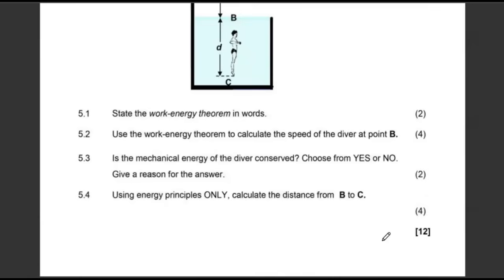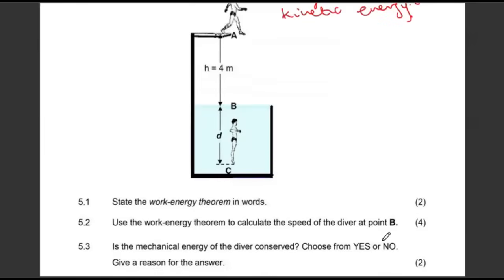Okay, then 5.2, use the work energy theorem to calculate the speed of the diver at point B. Now what they gave us was basically the work done. So we can use that and say that W net is equal to the change in EK.